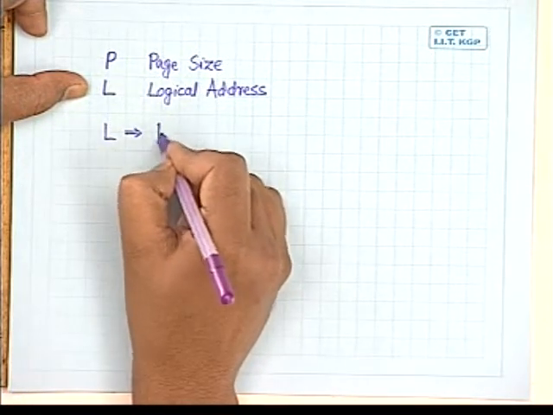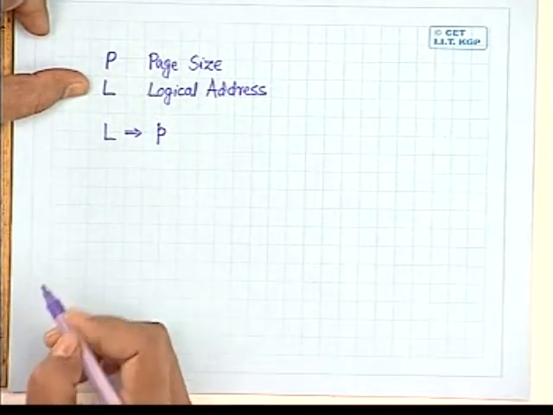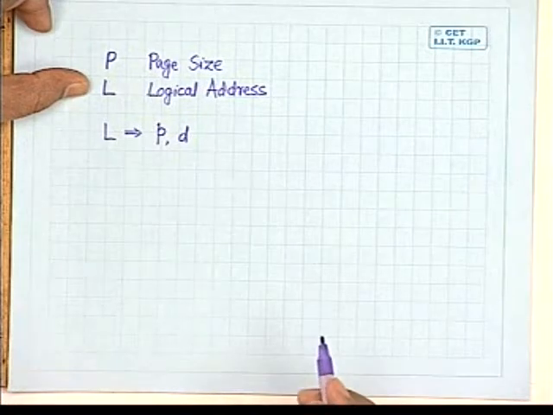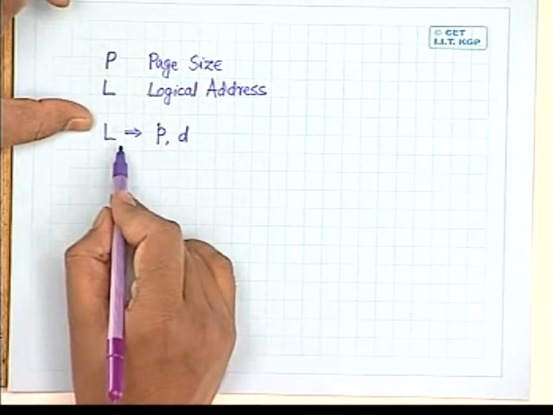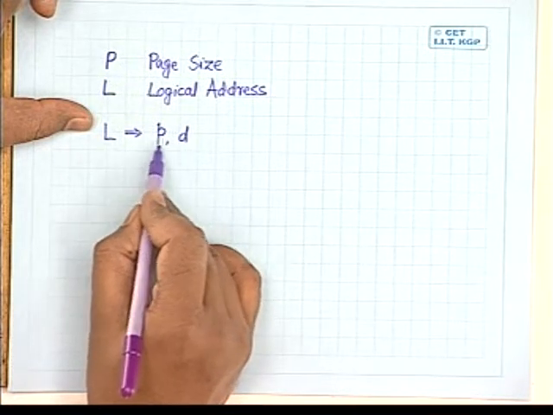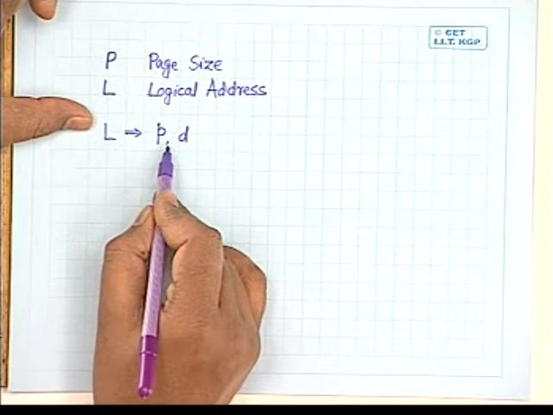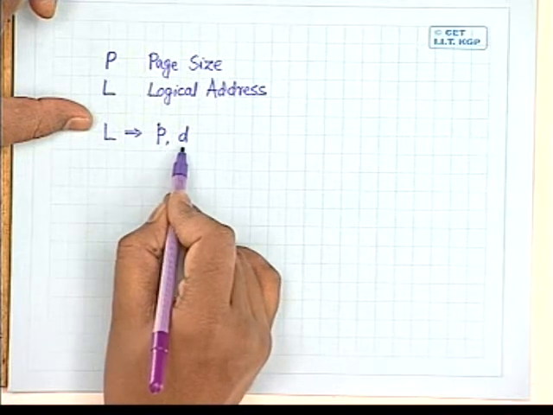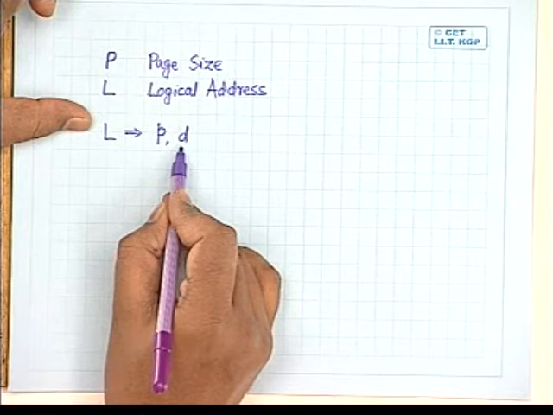One is the page number, let us put it as lowercase p, and the other is the offset within the page, let us say d. So every logical address has to be converted into a two-component address, an ordered pair (p, d), where p gives you the page number and d gives you the offset within the page.